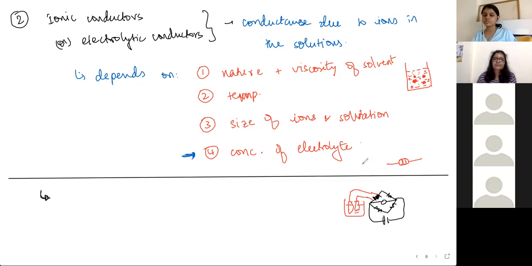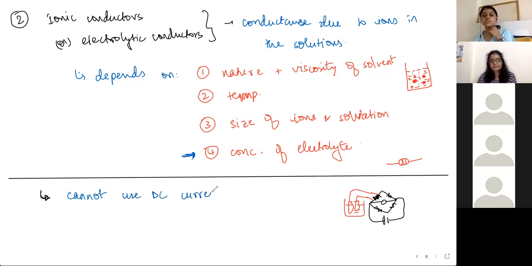You use the Wheatstone bridge because the length of the wires is the same or comparable, right? I'm not sure. So one reason is you cannot use DC current in experiments with the electrolytic cell.